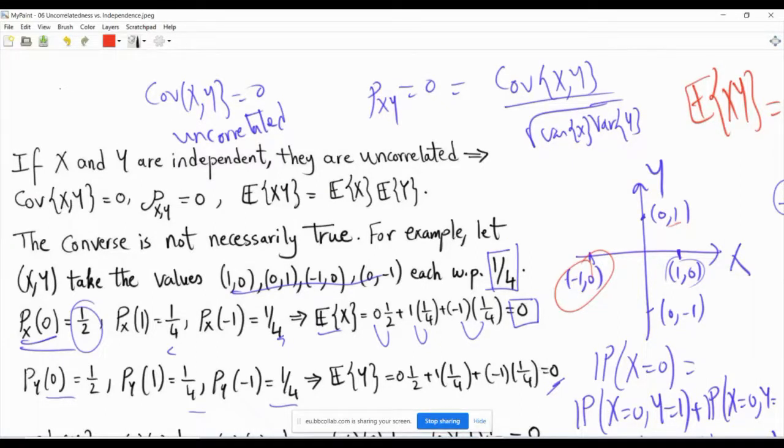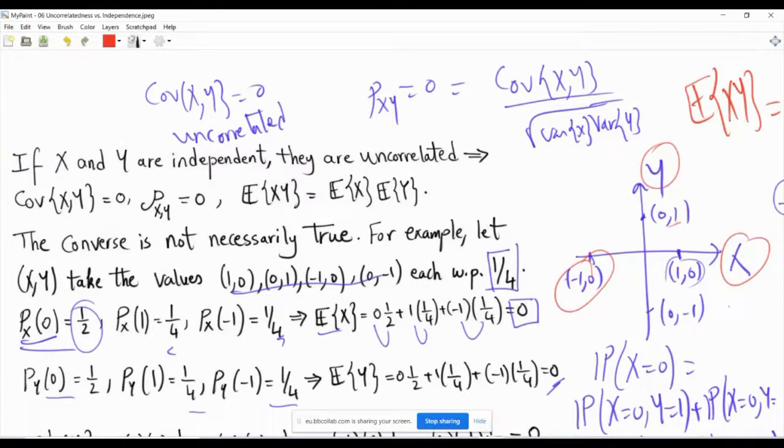But intuitively, why are x and y dependent? In practical applications, we think of two random variables as dependent if you know something about one of them, then you gain information about the other.